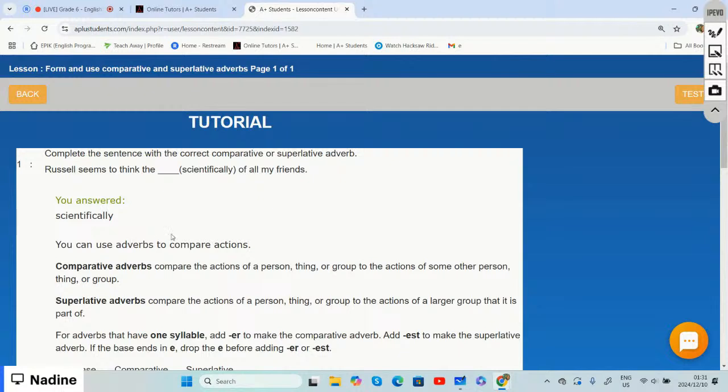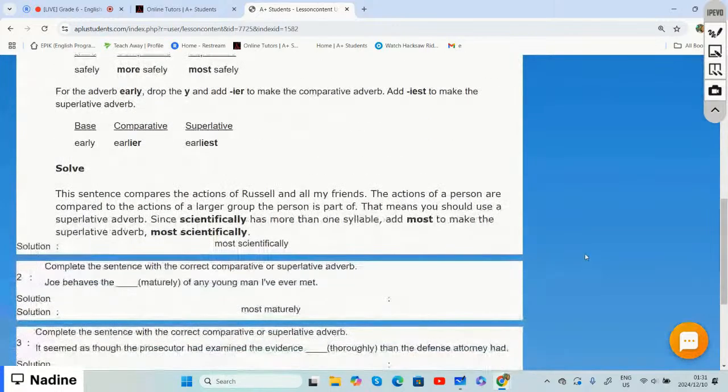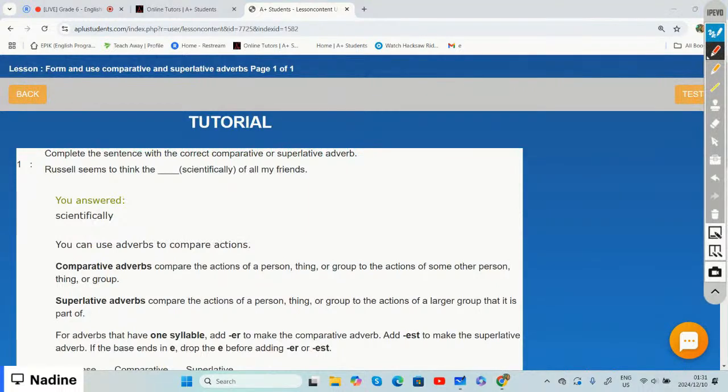So we say Russell seems to think the most scientifically, because he's comparing himself to his friends. So we can say that he thinks the most scientifically.